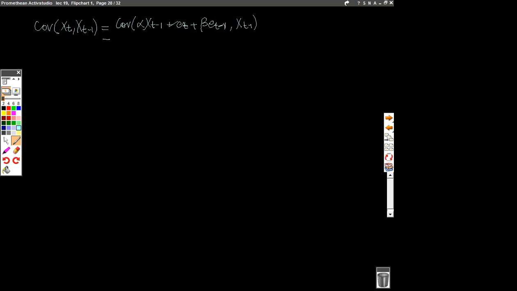And now I'm just rewriting this as alpha times covariance of xt minus 1, comma xt minus 1, plus the covariance of et with xt minus 1, and beta times covariance of et minus 1 comma xt minus 1.